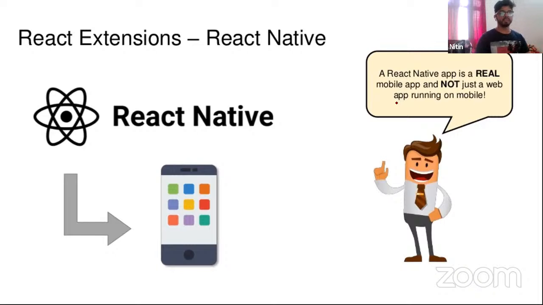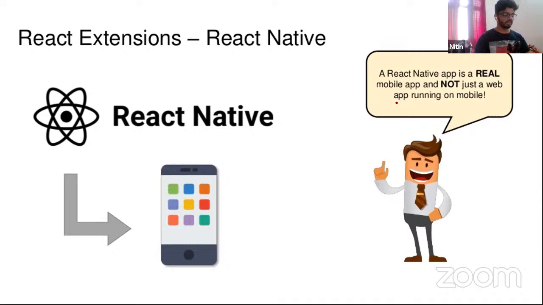Same with React Native. Android does not know what React is or what React Native is. So you have to have some guide which will tell Android what it is and how to display it in your application.